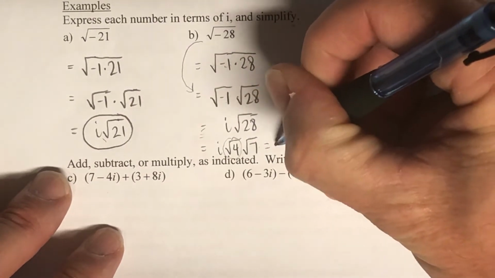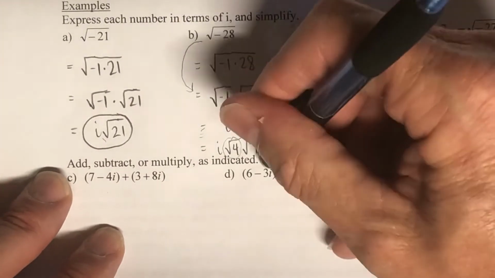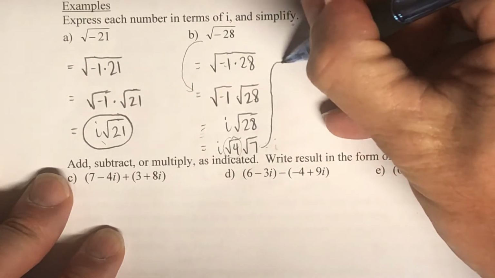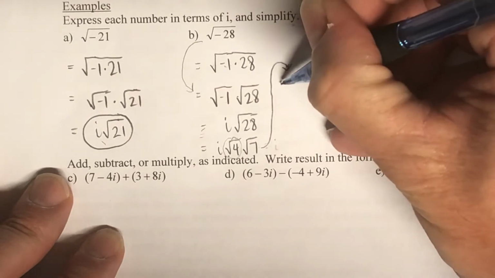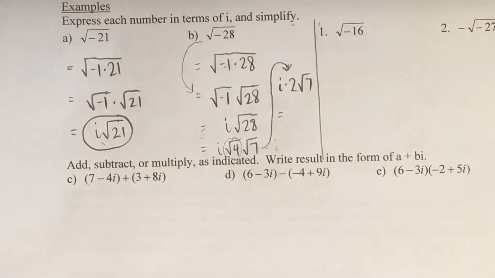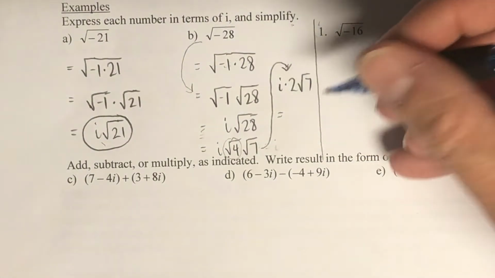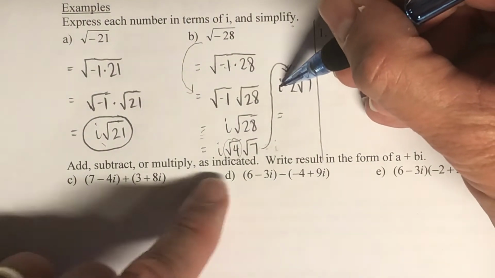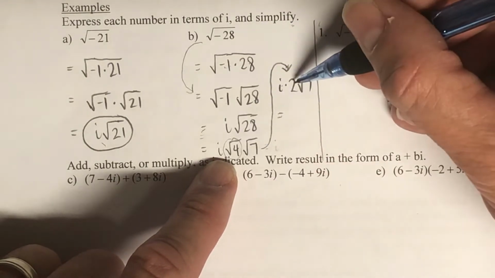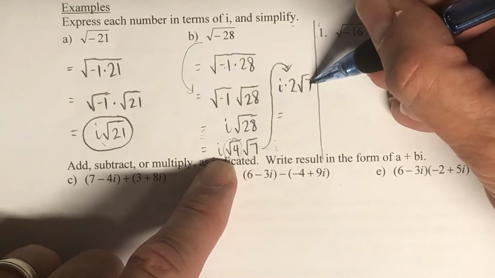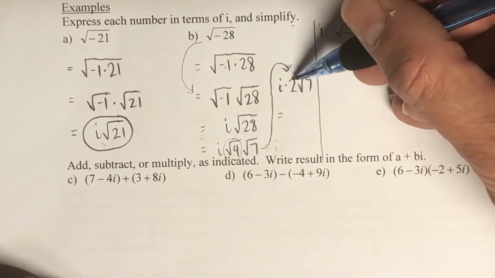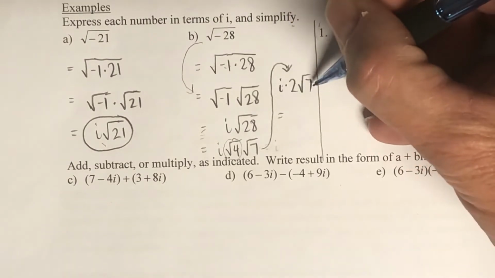That would then be I times, let me write it down up here, I times 2 radical 7. And then when you have a term that's already outside the radical like I, and then you simplify the 28 radical to have an outside and an inside part, 2 and 7, the way you multiply the outside part by the new outside part here is you just multiply this, but you don't multiply by the inside.